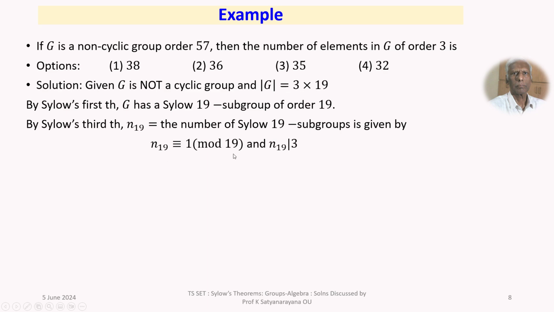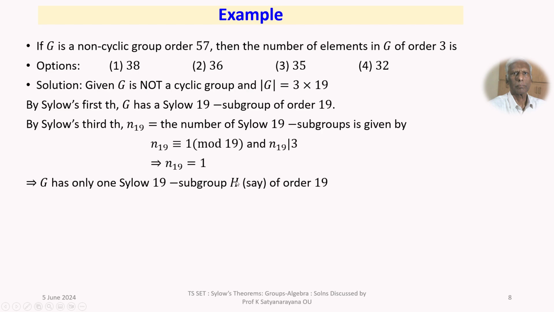So, these two put together will give you N19 is 1 only, right? So, G has only one Sylow 19 subgroup H, let us say that subgroup as H of order 19, right? What is it that we want? The number of elements in G of order 3 we have to find out.